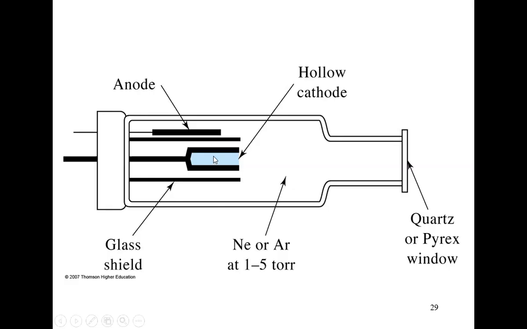So you can see the anode here, you can see the cathode, and then you have neon here or argon at 1 to 5 torr, and then you have the quartz or Pyrex window. So here, this is the hollow cathode because it's hollow between the two forks. F-O-R-K. All right.